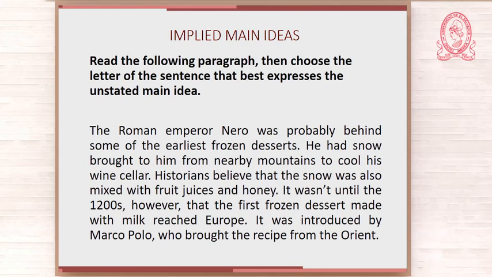He had snow brought to him from nearby mountains to cool his wine cellar. Historians believe that the snow was also mixed with fruit juices and honey. It wasn't until the 1200s, however, that the first frozen dessert made with milk reached Europe. It was introduced by Marco Polo, who brought the recipe from the Orient.